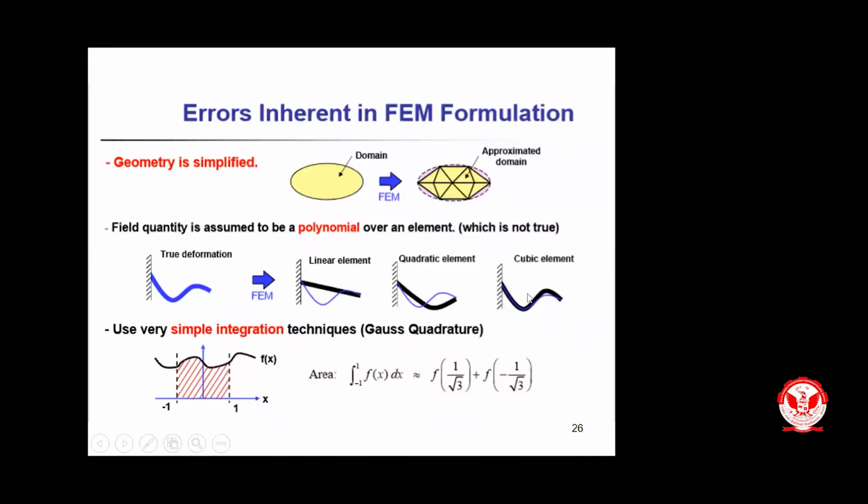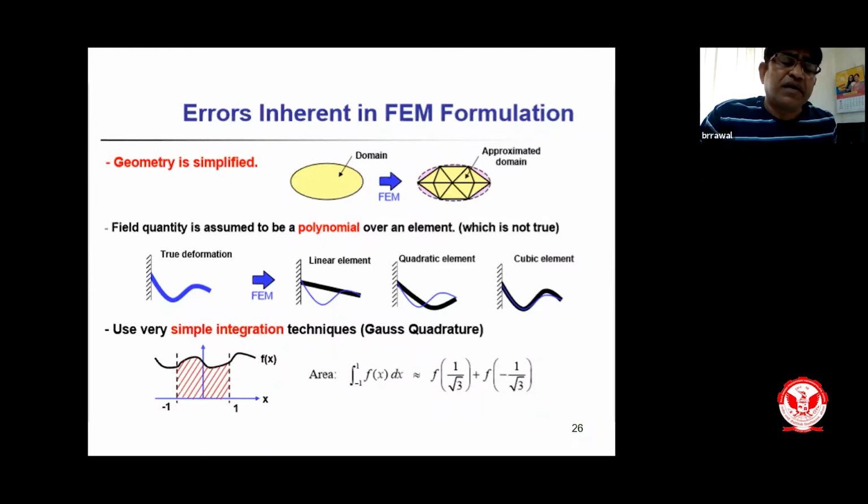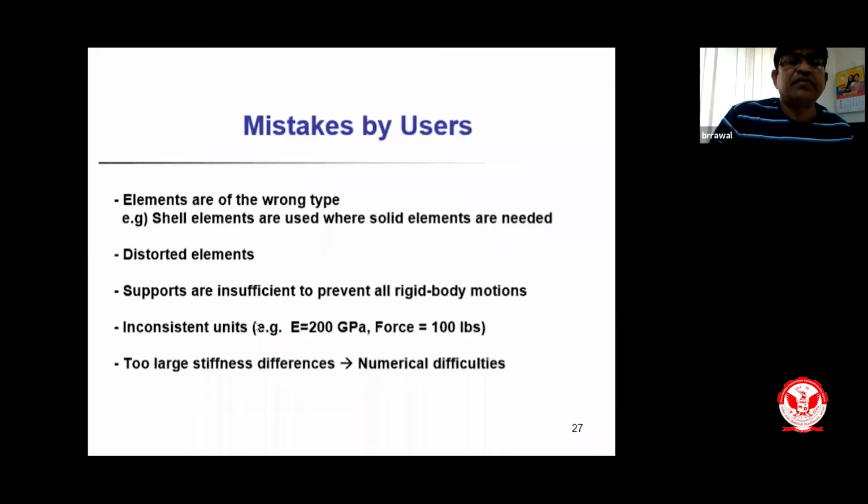Similarly, if we are solving an FEM problem in commercial software and we increase the number of elements, then we are approaching the solution, which is known as mesh convergence. So before going to the final solution, you have to do mesh convergence also. These are basically interpolation functions, also known as shape functions. Mistakes made by users, I already told about this.